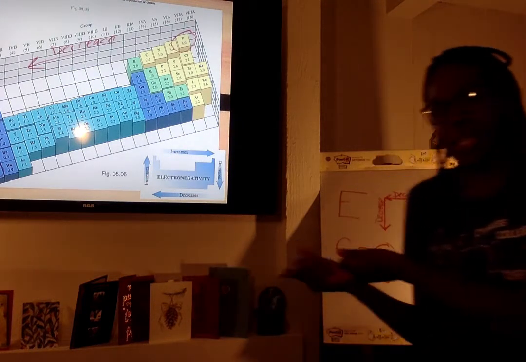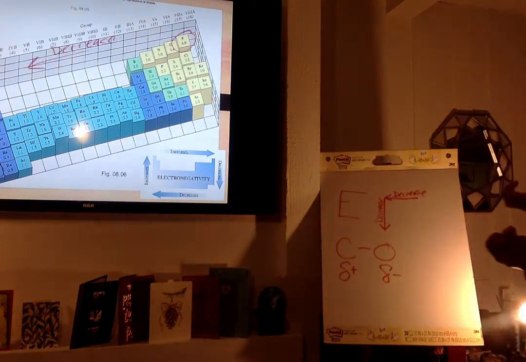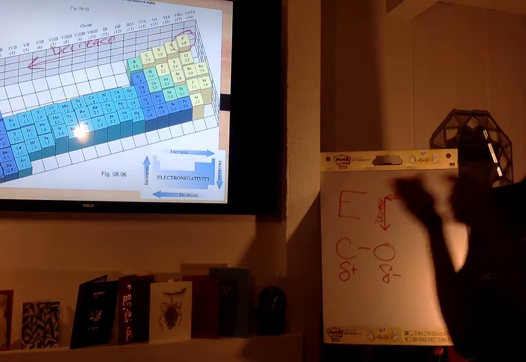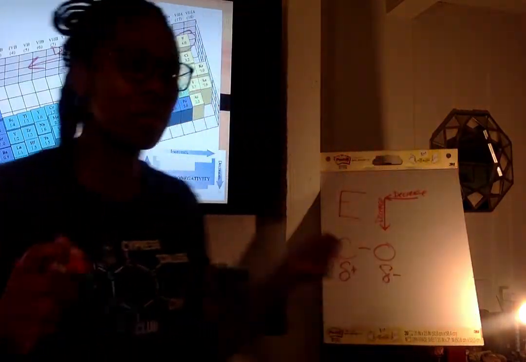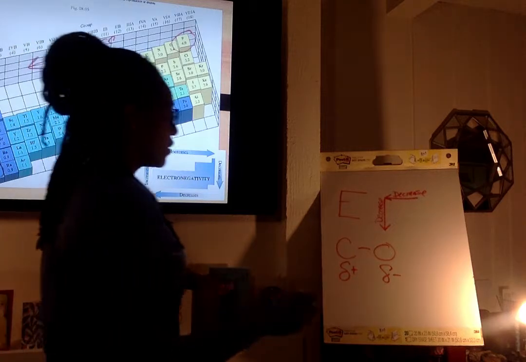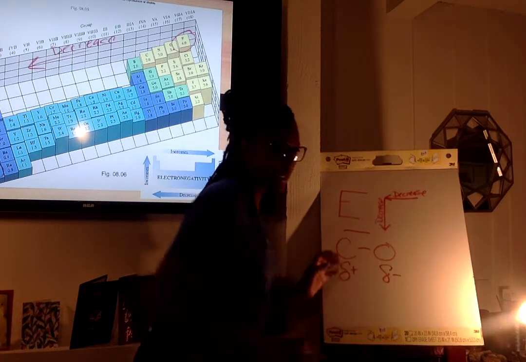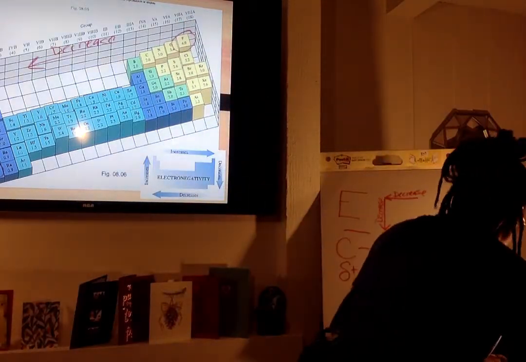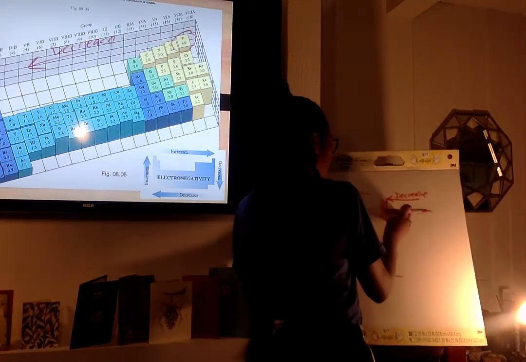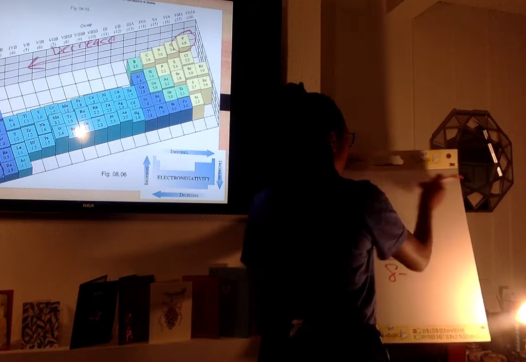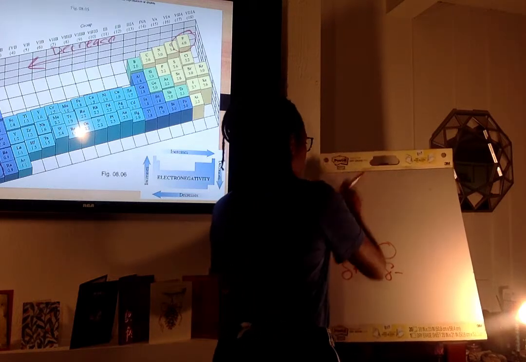It's like the oxygen is saying, I need your negativity. I'm so negative. I'm going to pull you and make you a little bit more negative. So we're going to draw an arrow that represents that pull as well, and the directionality, as I said, of the electronegativity.